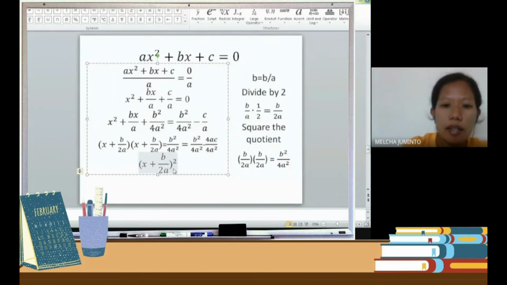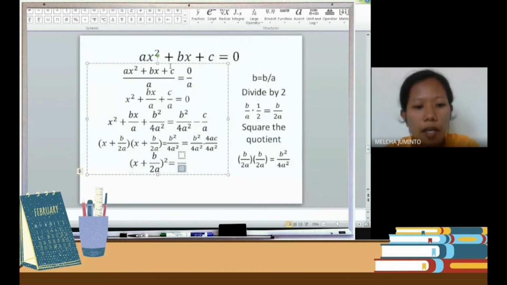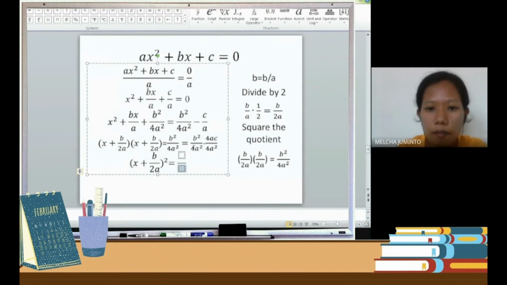While the right side will now be combined as one fraction. The right side can be written as a single fraction with the denominator 4a squared. Copy the same denominator, which is 4a squared. And then the numerator will be written as b squared.